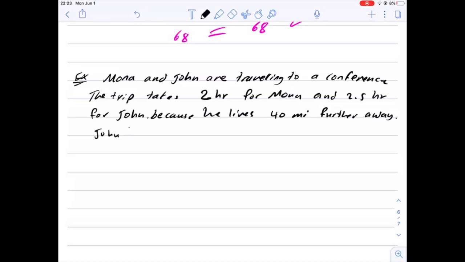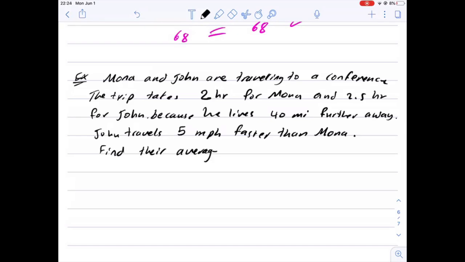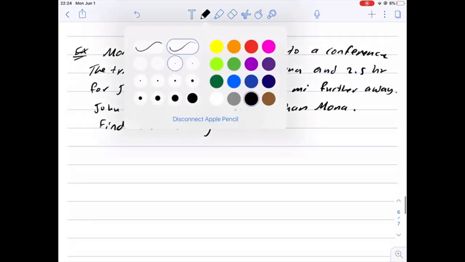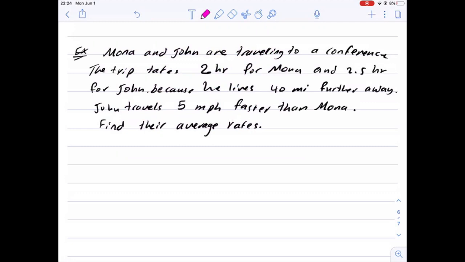Now John travels 5 miles per hour faster than Mona. The question is, find their average rates.